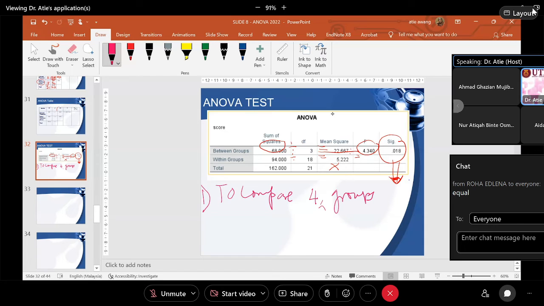Sorry, 4 independent groups. So we need to use ANOVA, right? So that's the first step, right? Okay, this one you can do it on page 116, all right? To answer page 116.